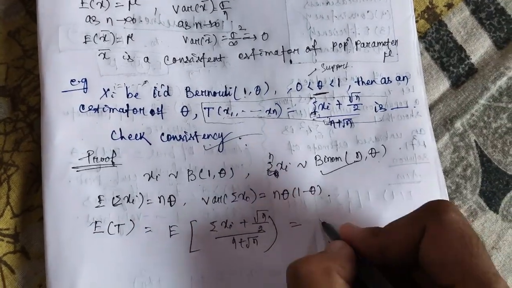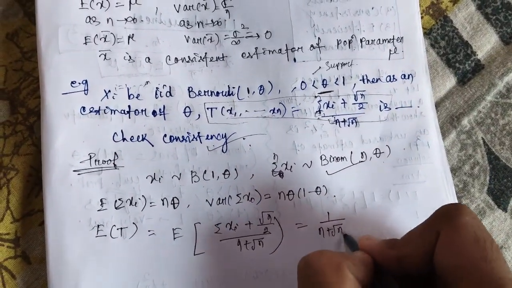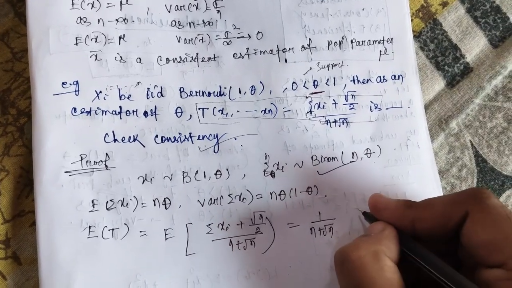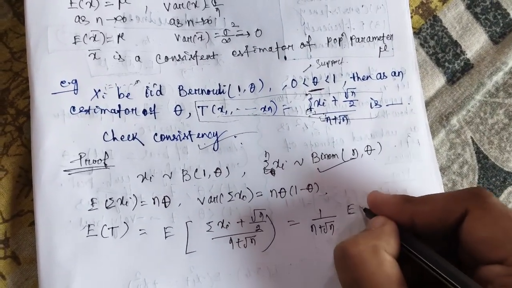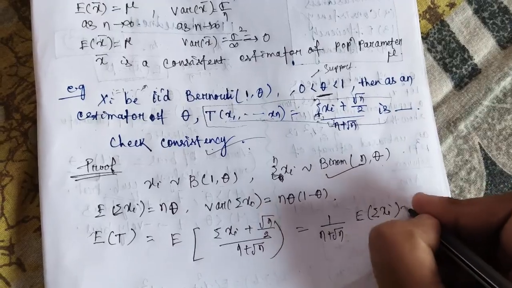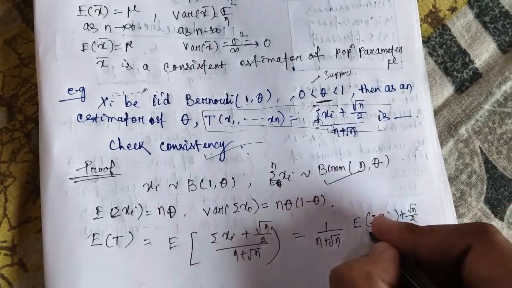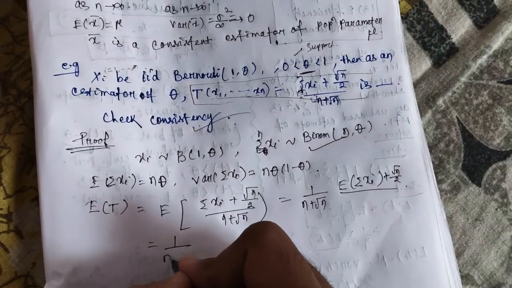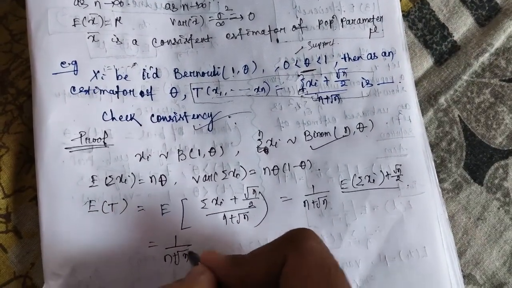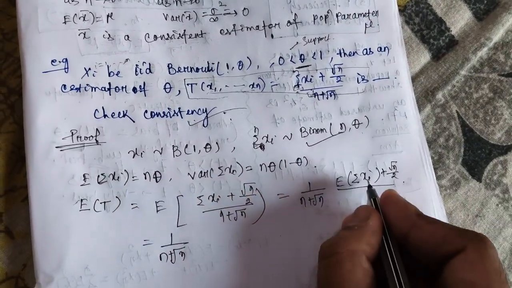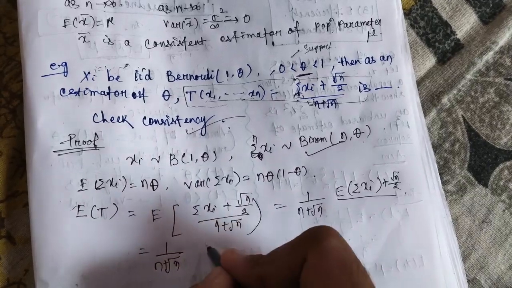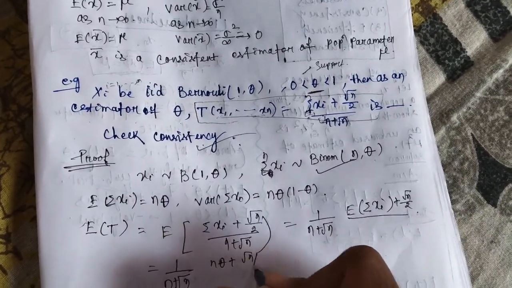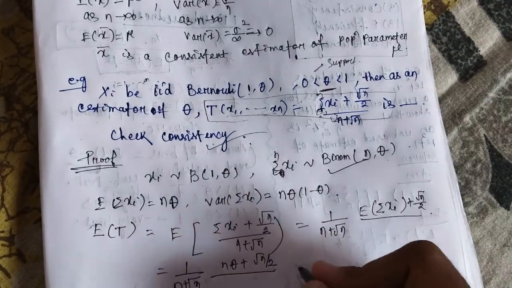Here 1 by (n plus root n) is a constant, so it comes outside. Now we write expected value of summation xi plus this constant value, root n by 2. The expected value of summation xi we have computed as n theta, so it becomes (n theta plus root n by 2) divided by (n plus root n).